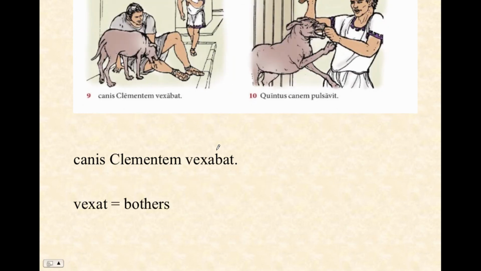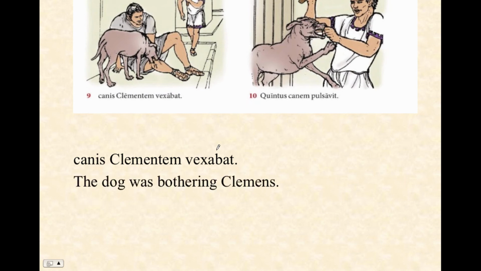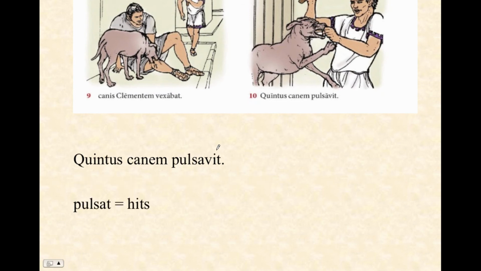Number 9. Canis clementem vexabat. If vexat means bothers, vexabat would mean the dog was bothering Clemens. Number 10. Quintus canem pulsavit. If pulsat means hits, but that's not what we have here.